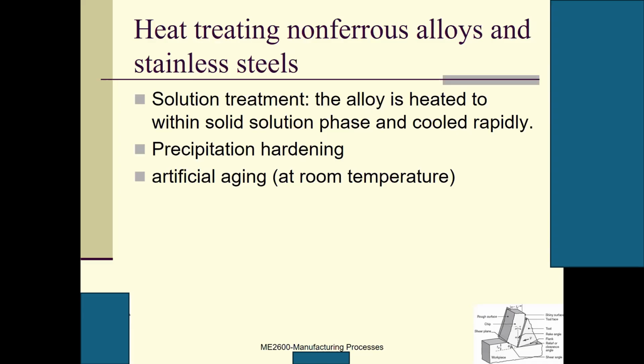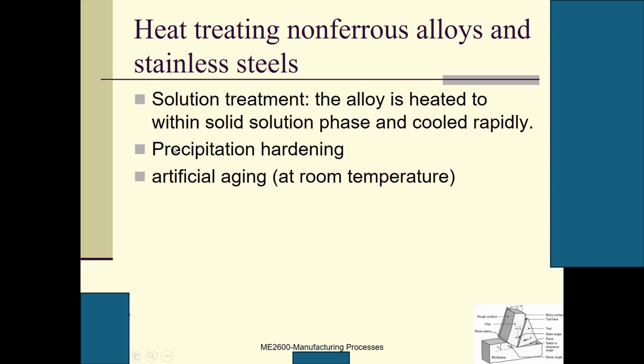But here we talk about the commonly used heat treating for non-ferrous alloys and stainless steel. One is solution treatment. The alloy is heated to or within the solid solution phase and cooled rapidly. So this is solution treatment.